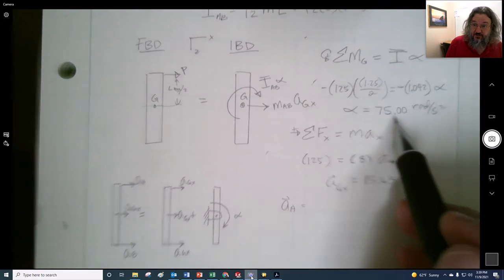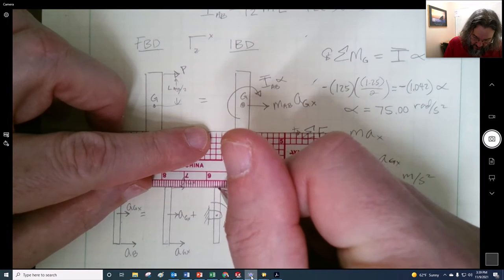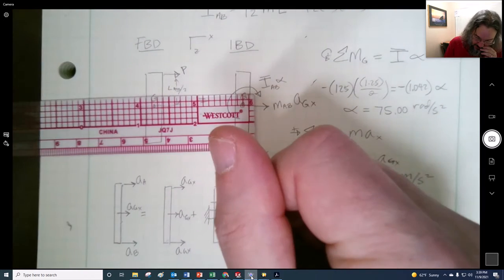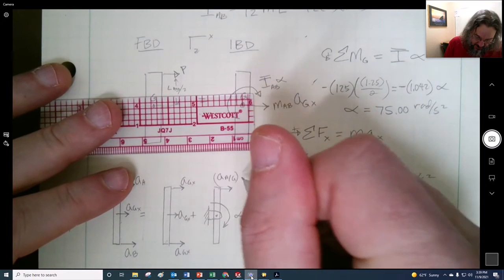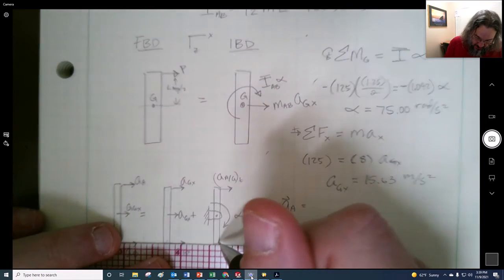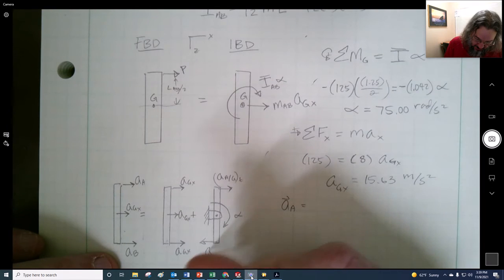We just found that alpha in that direction. So right up here, I'm going to call this the acceleration of A with respect to G in the tangential, and similar but different acceleration of B with respect to G tangential.